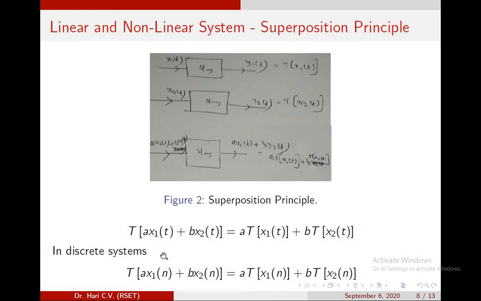We can simply write transformation of a x1 of t plus b x2 of t, which is equal to a into transformation of x1 of t plus b into transformation of x2 of t. This is applicable in discrete time systems also.